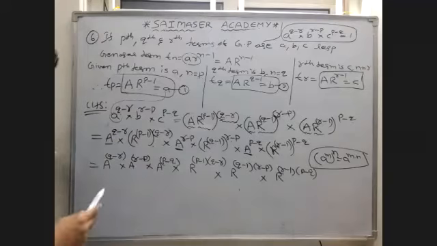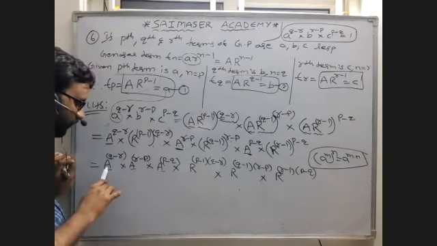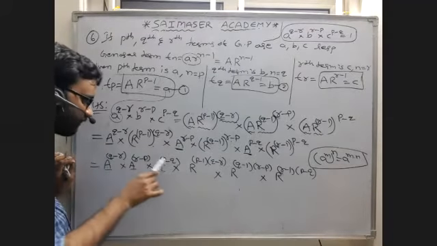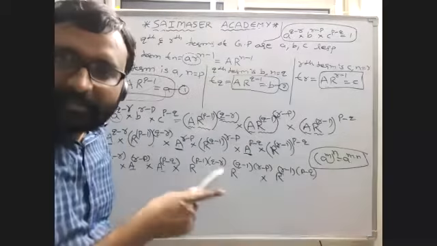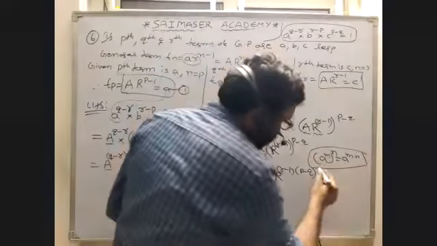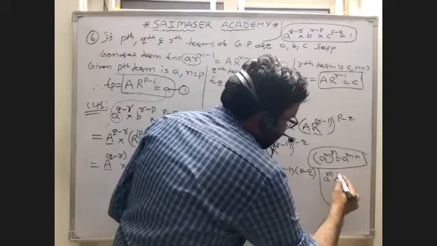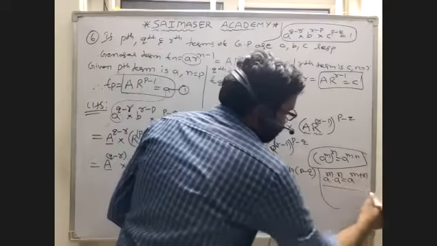Now if you observe, these three are called bases and these three are called powers. If you observe, the bases are the same. Again one more formula: a power m into a power n is equal to a power m plus n.